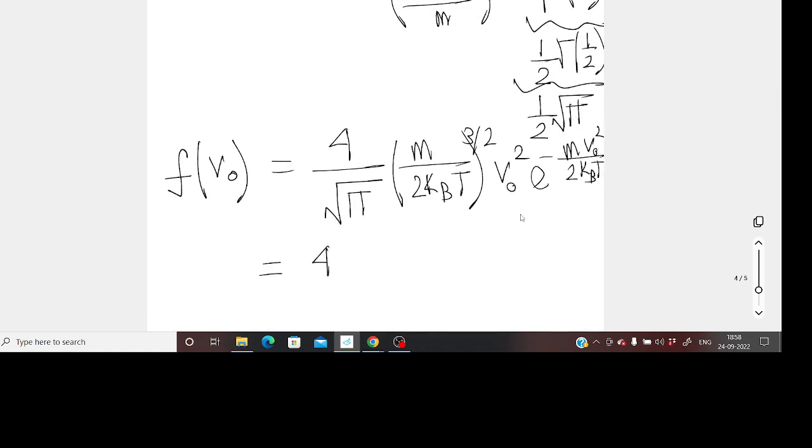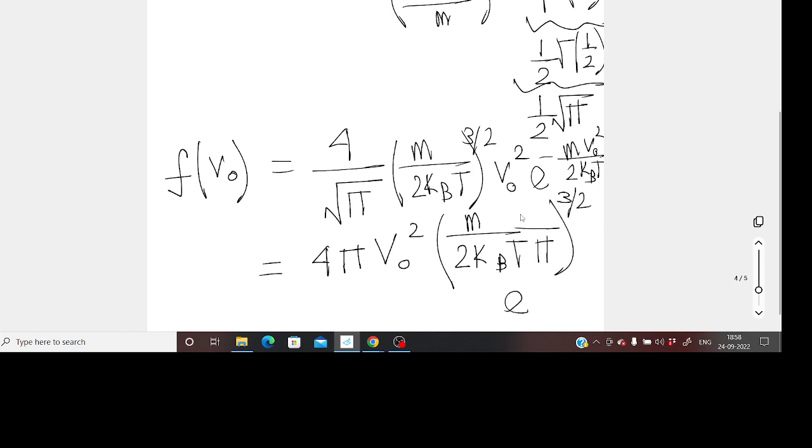Now let's write it in proper way: 4 pi v0 square into (m by 2 pi kBT) whole to the power 3 by 2 into e to the power minus m v0 square by 2 kBT. So this was the expression at v equal to v0, right? It is matching with the expression we had in the question. Yes or no? Yes, sir. Okay. So we are getting the correct thing, right?